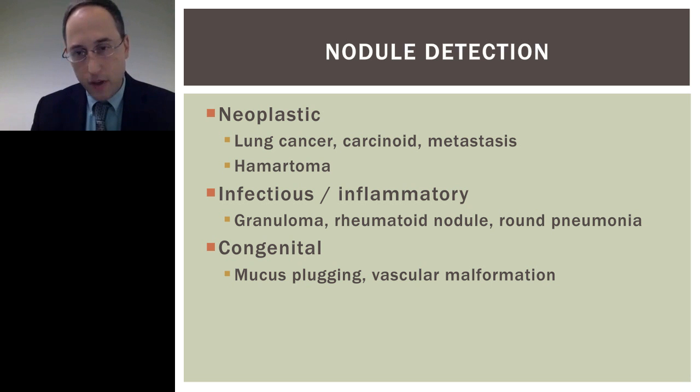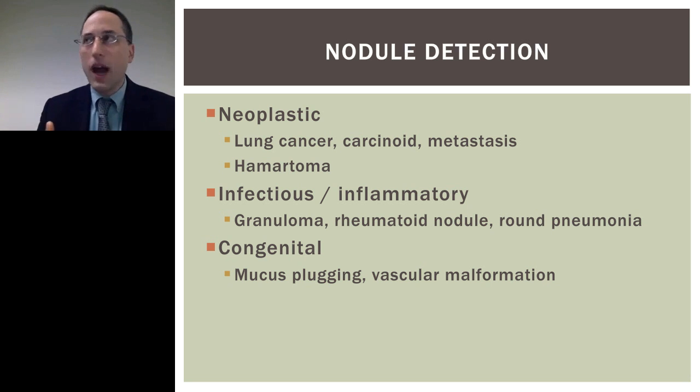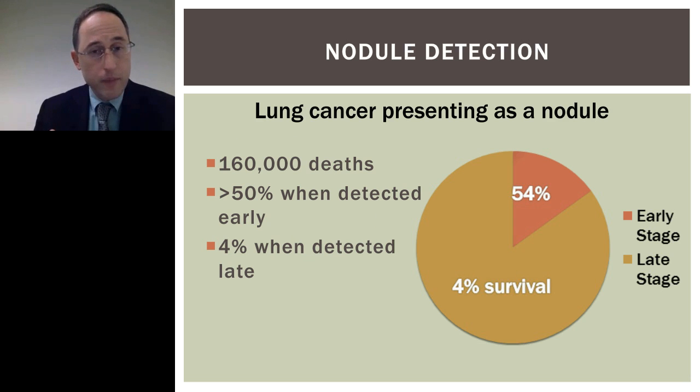Okay, so, well, I would say neoplasms in general, lung cancer, mets, and infection. Those are probably the three main things that when people are hunting for a nodule, that's why they're looking for it.